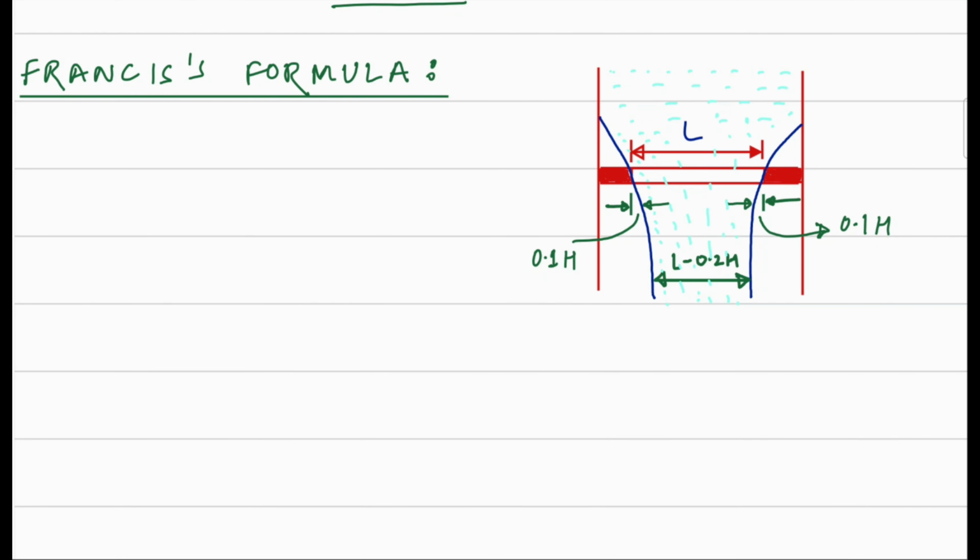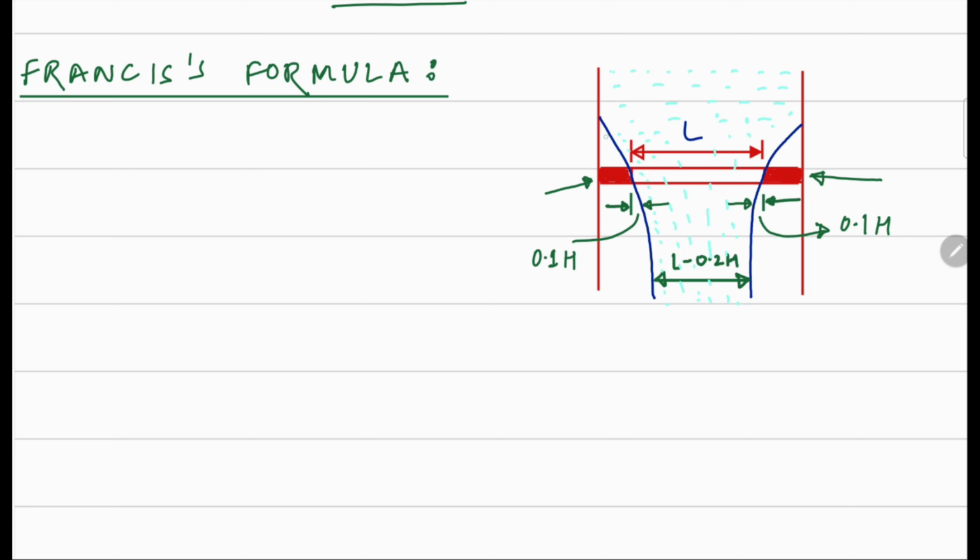Francis concluded based upon the findings of his experiment that the end contraction decreases the effective length of the crest of the weir and hence decreases the discharge of the weir. If you see, there is a channel where end contractions are available at both ends. One end contraction is at this location and one at this location.